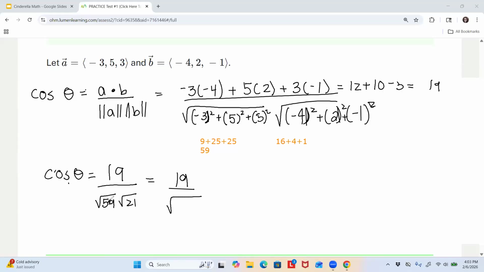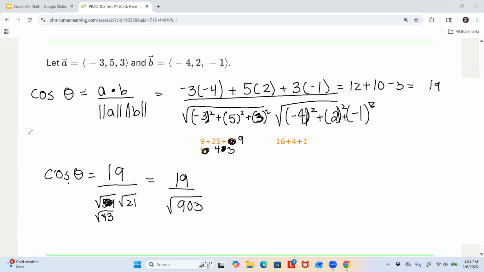This is not 59. This is 3, and my pen being bad made me misread that. So this is 25 plus 9 plus 9, so 34 plus 9, so 43. That first root is 43. The second root is 21. So this is root 43. Sorry about that. We now multiply 43 times 21, and that is 903. So we have cos of theta is 19 over root 903.